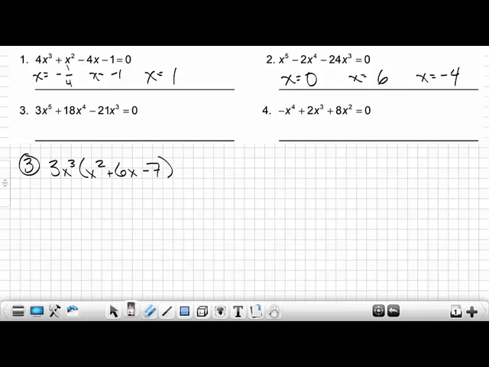Nicole, multiplies to negative 7, adds to 6. So it's got to be a positive and a negative number. There are only two sets of numbers, Nicole, that multiply to 7. Or sorry, only one set of numbers that multiply to 7.